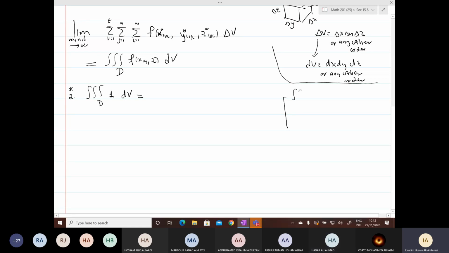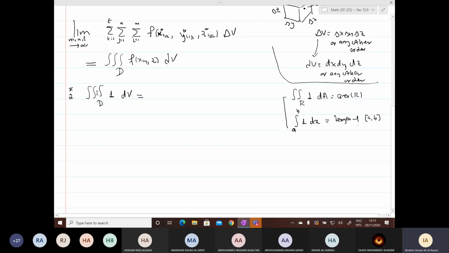Previously we considered the double integral over a region R of 1 dA. What is this equal to? Area. dA means area, so this is the area of R. The single integral from a to b of 1 dx equals what? The length of the interval ab. 1 dimension, 2 dimensions: dx gives the length.